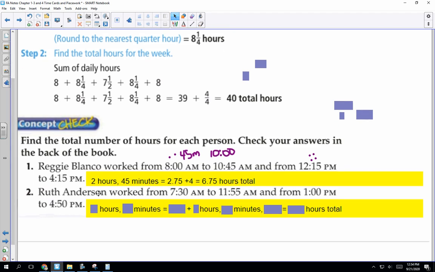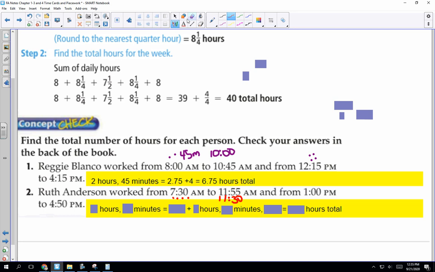All right, let's look at Ruth. She worked from 7:30 to 11:55 and from 1 p.m. to 4:55. So 7:30 to 11:55, I'm just gonna do my little marks. So 7:30, 8:30, 9:30, 10:30, 11:30, and then I kind of run out here. So it's less than an hour.